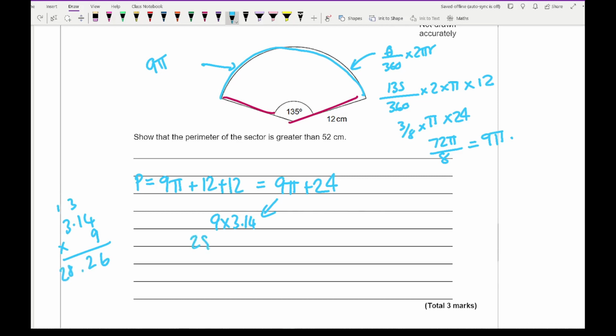So I get 28.26 plus 24. And again, just simply adding them up, I get 52.26, which is greater than 52.